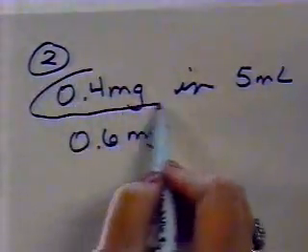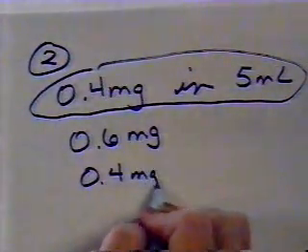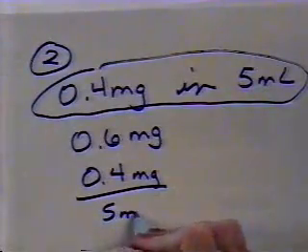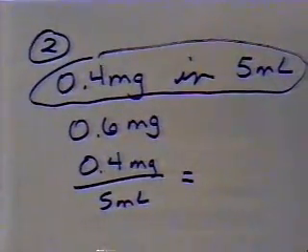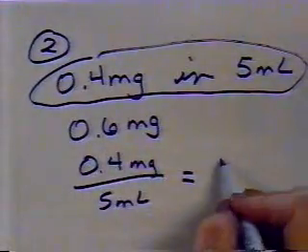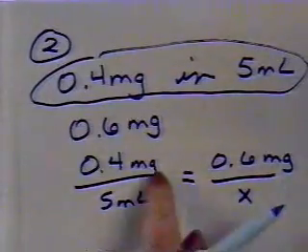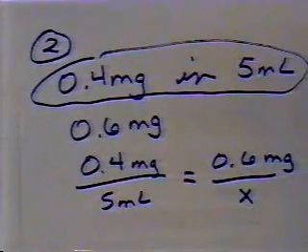So whatever we see in, per, contains goes down as our first proportion. This time, because I wrote my label, I can see that the 0.6 milligrams goes across the top. If you match the labels, we see that the 0.6 goes on the top.